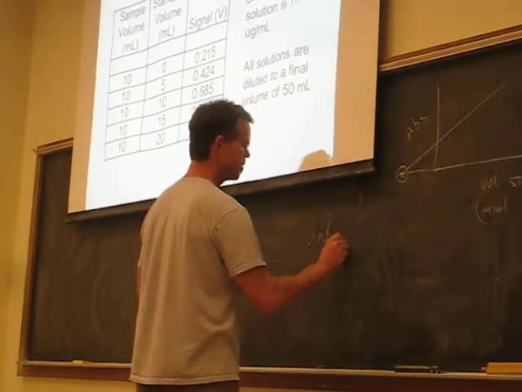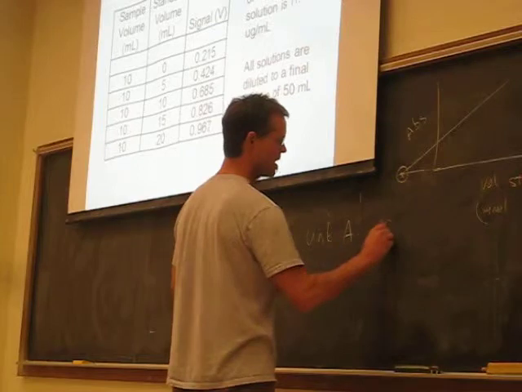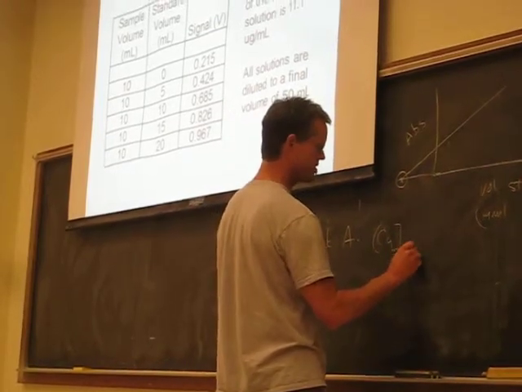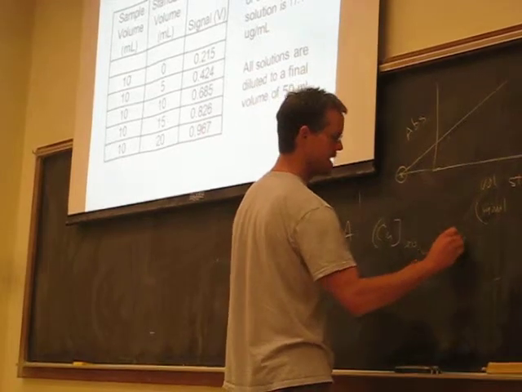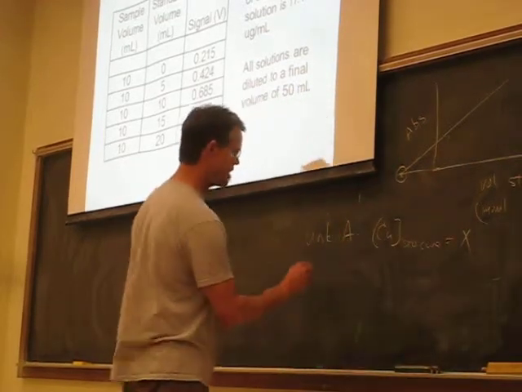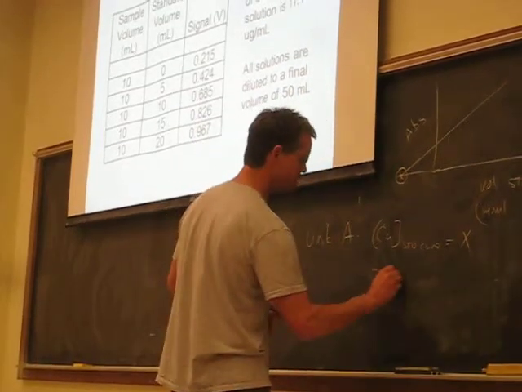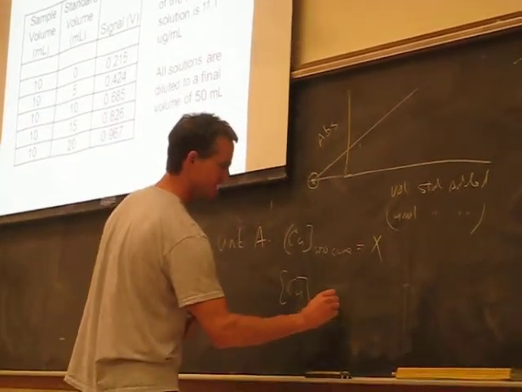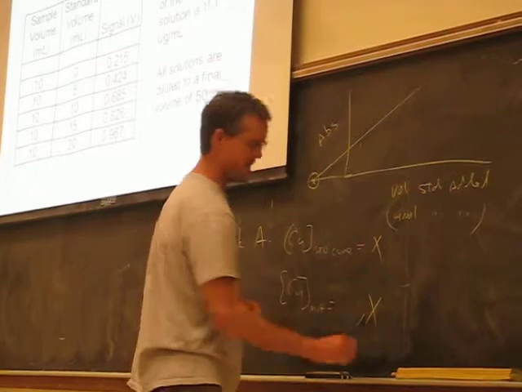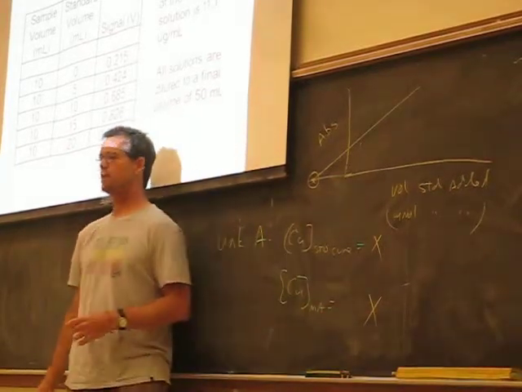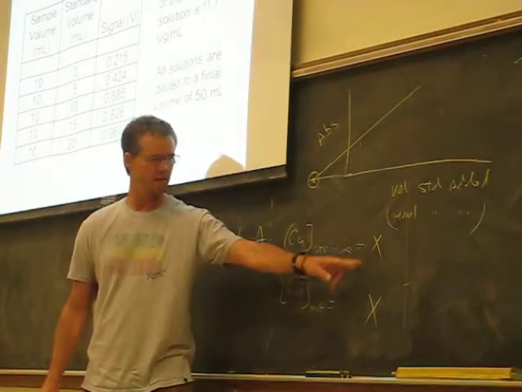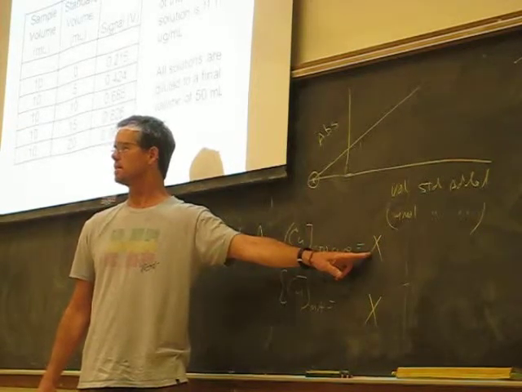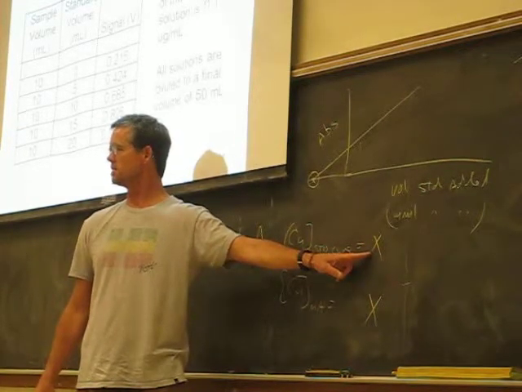So you're going to have unknown A, and you're going to get the copper concentration with the standard curve equals X, and you're going to get unknown A, the copper concentration from the method of addition, and it's going to equal X. And if this is comparable to that, similar to that, then you would conclude that there are no matrix interferences, right?